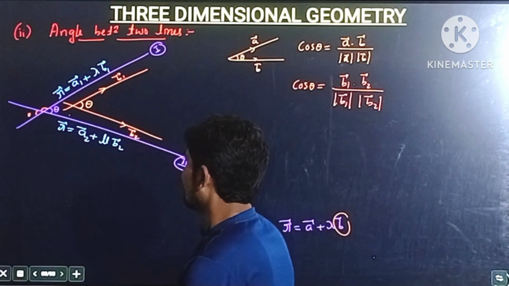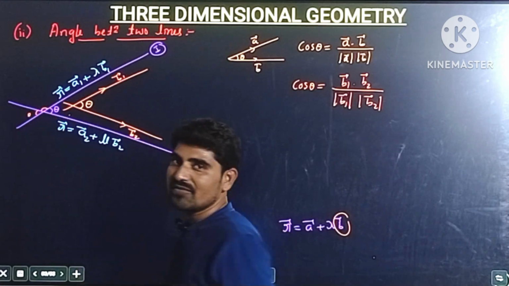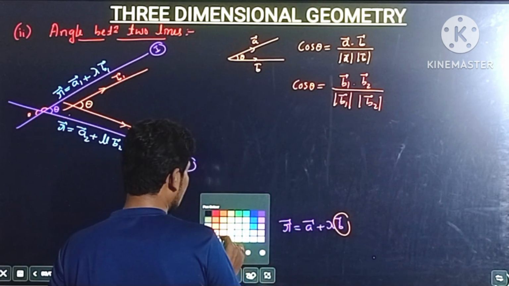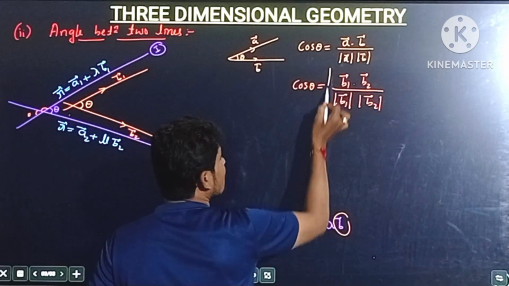So here we have two different sets of angles, but we need an acute angle. For that, for the angle between two lines formula, we need to use the modulus.